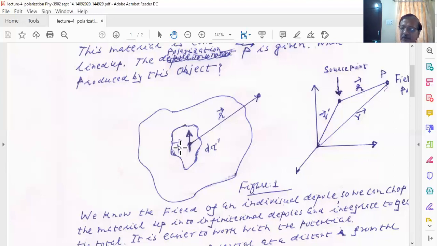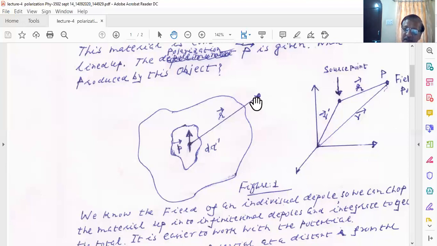So we have studied in first year BSc that the potential at a distance r from the center of the dipole, we have calculated, if you have a dipole and you want to calculate electric potential at a distance r from the center of the dipole, we have studied these expressions.